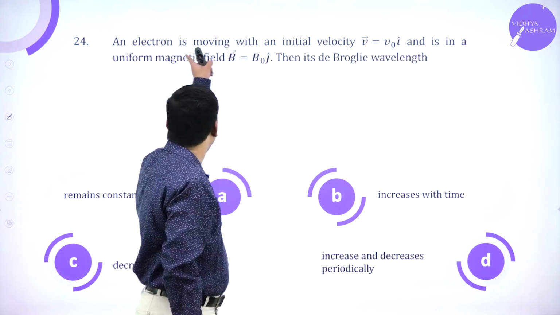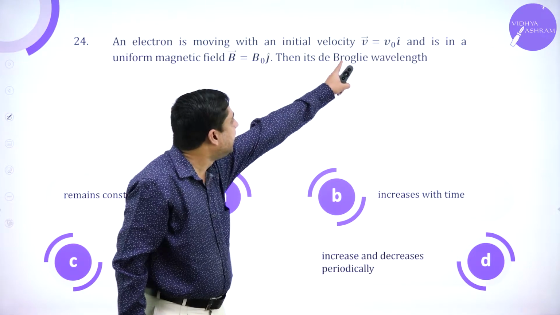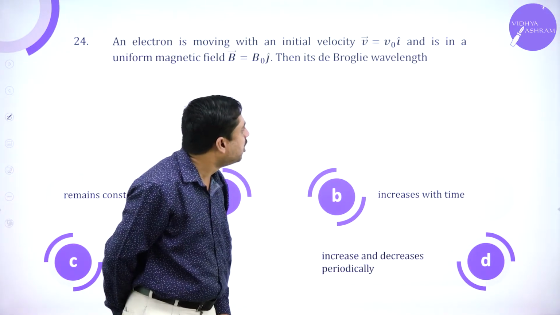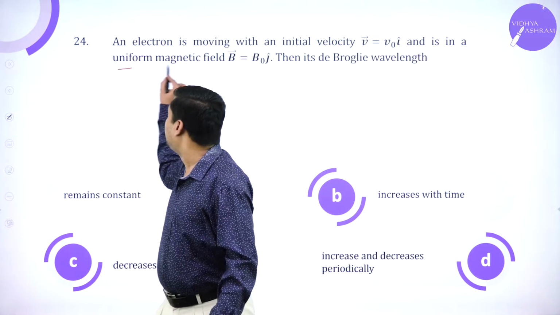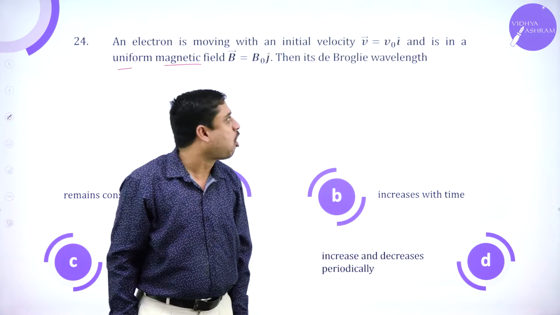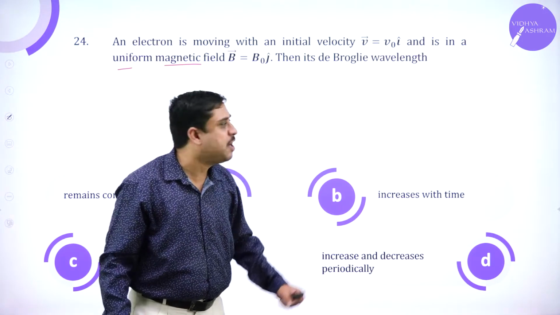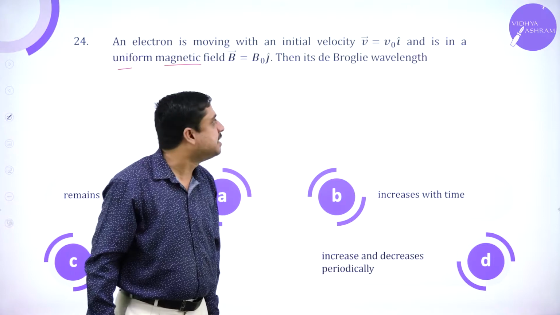Now, an electron is moving with an initial velocity v equals v naught i and is in a uniform magnetic field. The electron is moving with some initial velocity in a uniform magnetic field.